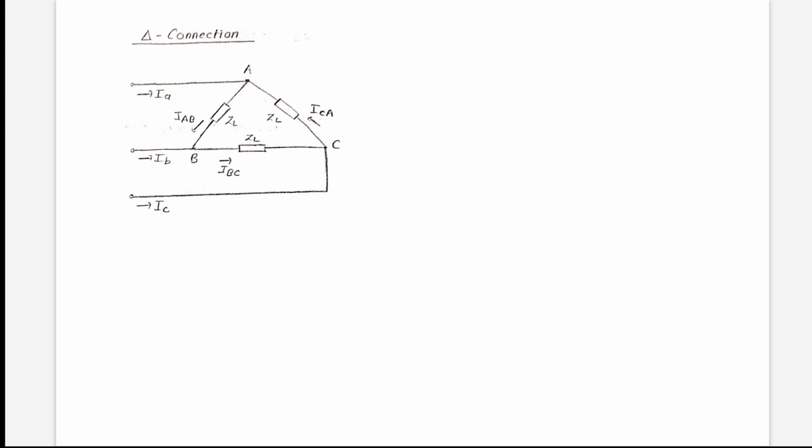Since in the previous video we talked about three-phase circuits in Y-to-Y connections, and we're also considering a balanced condition, their impedances should be equal. So these impedances are equal to each other.